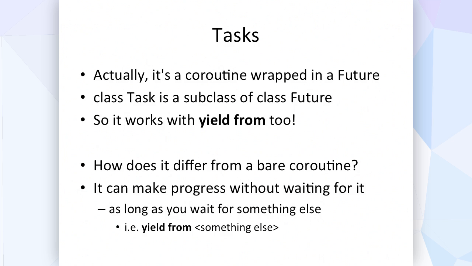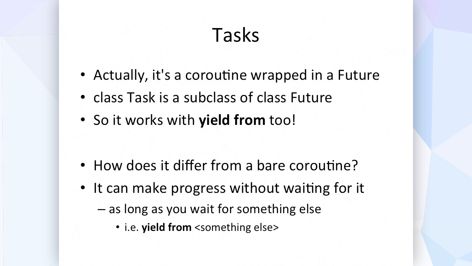On the other hand, if you wrap a coroutine inside a task, there is one thing that differs, and that is if you're waiting for something else, the task can still make progress. So this is how you introduce actual concurrency or parallelism in your application, by using tasks.